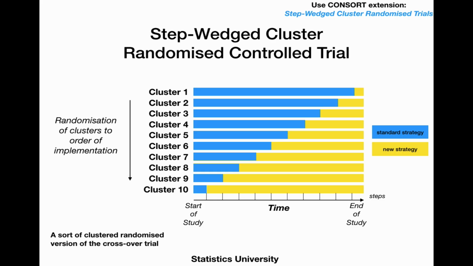We can use this as a sort of cluster randomized version of the crossover trial to assess the efficacy of the new strategy compared to the standard strategy. It should be noted that we should use the stepped-wedge cluster randomized trials extension to the CONSORT guidelines.